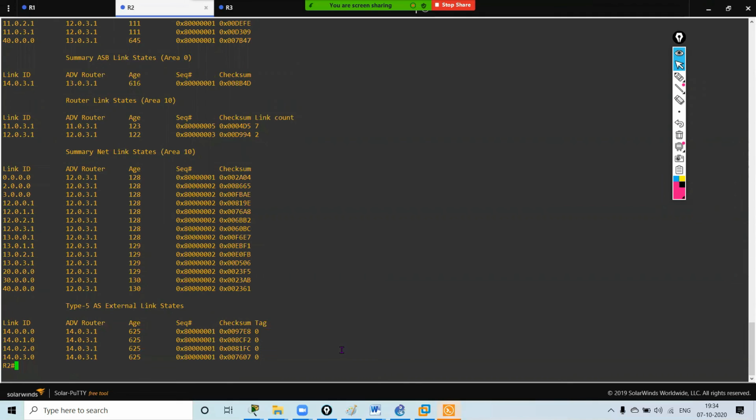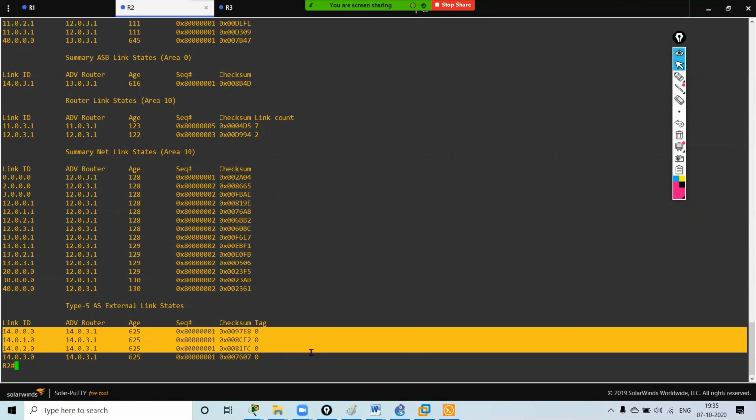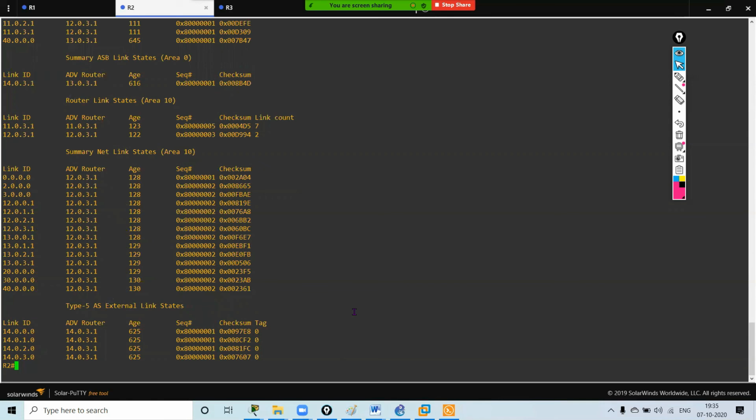On R2, you also ran a stub, but here you see those routes. Because this is my ABR router. It is running in two areas. It is not running in only one area. It is also running in area 0. So via area 0, I am getting these routes. Okay. So we are running two different areas there. Yes. So from area 0, I am getting these routes.